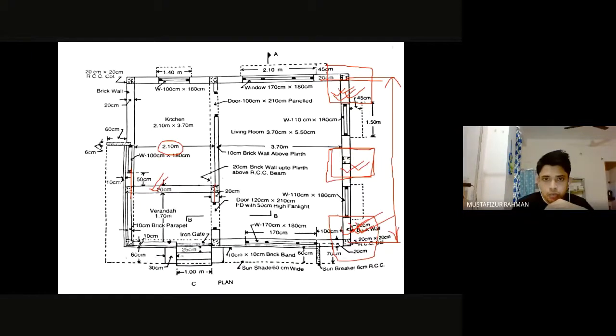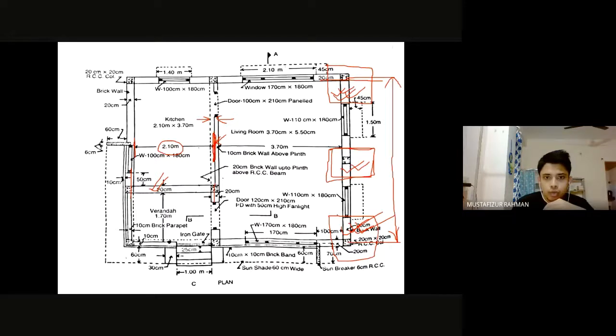This solid portion is wall. So up to this solid portion is the center of this tie beam. This half wall is on this side, and this portion wherever the room starts, that is the center of the plinth beam, and on this side it is starting here by the side of the plinth beam.